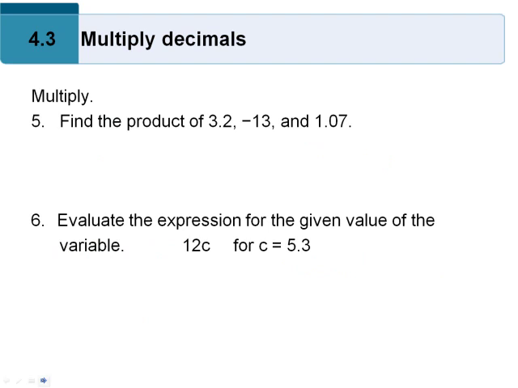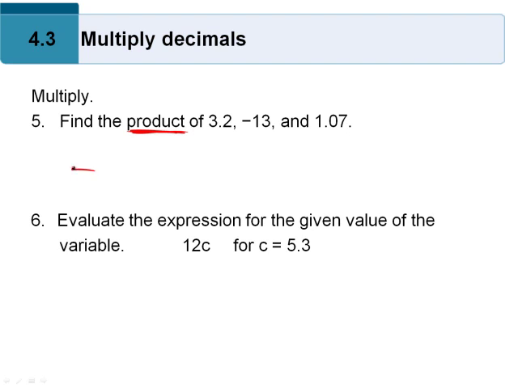Number 5, find the product of 3.2, negative 13, and 1.07. All right, so product is multiplication. So we're going to multiply. We've got 3.2 times a negative 13, so that's going to be a negative answer, times another positive, the signs are different, so our final answer is going to be negative.